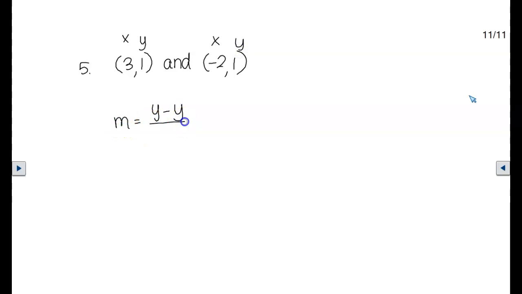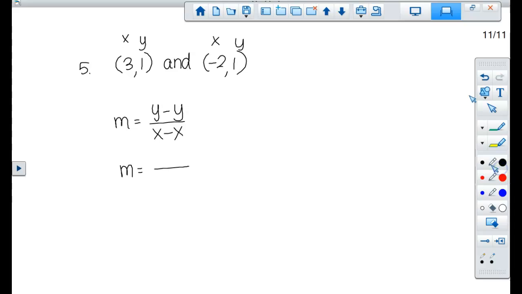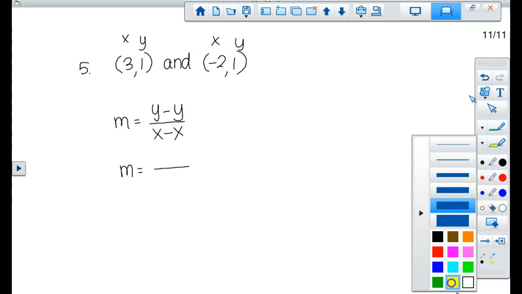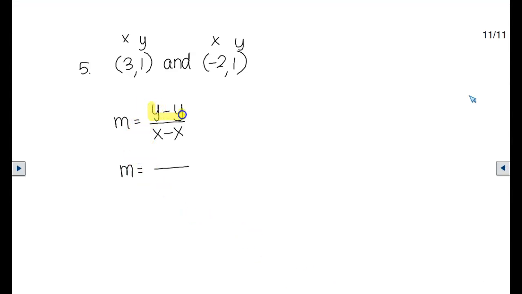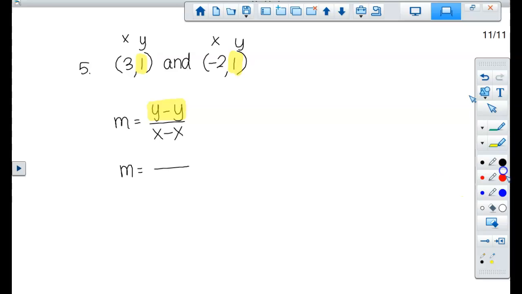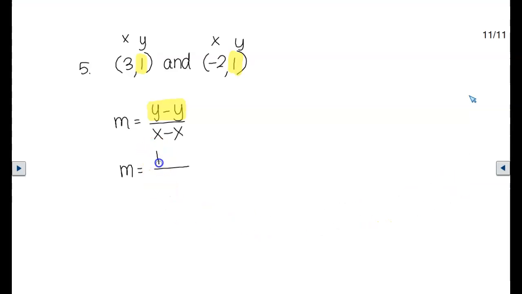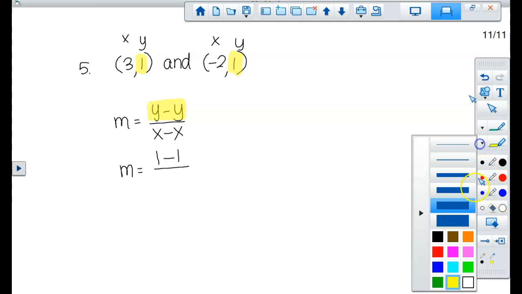We're doing y minus y over x minus x with these ordered pairs. All right, so let's start out up top. y minus y. We're going to be doing 1 minus 1. Always subtracting the two numbers.